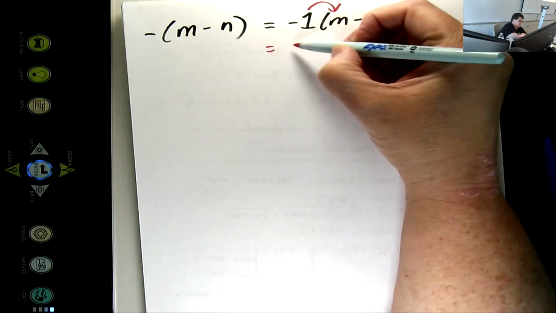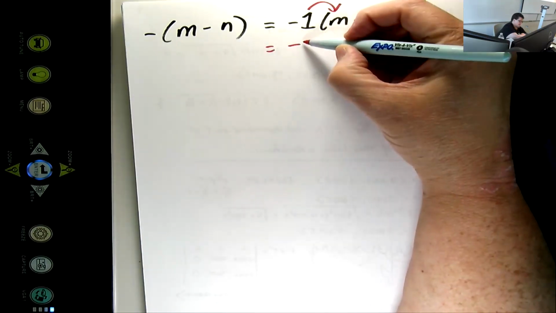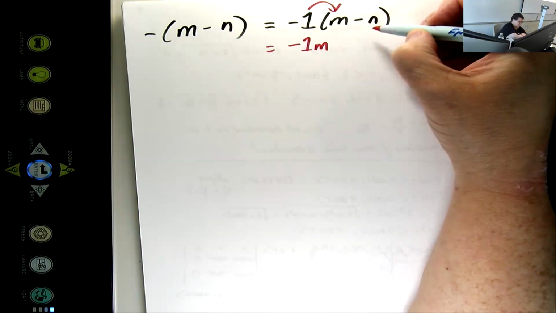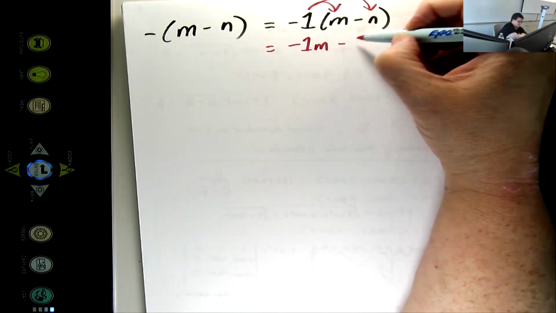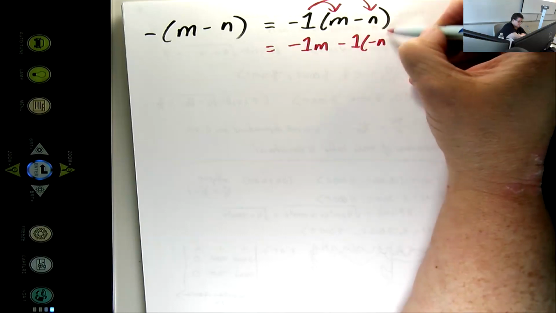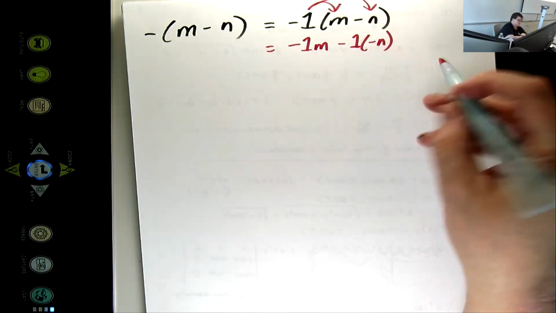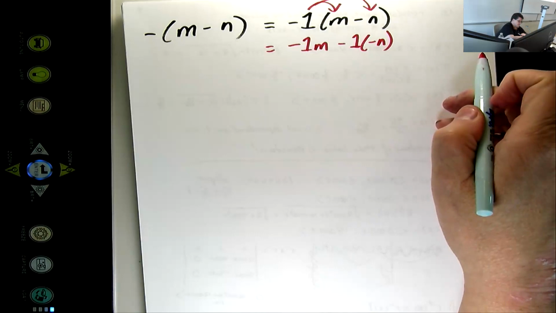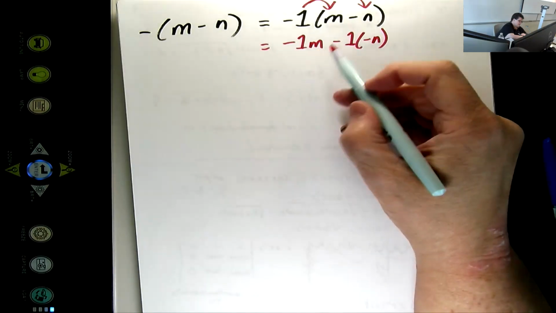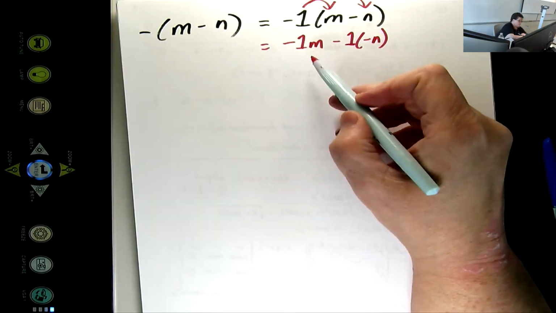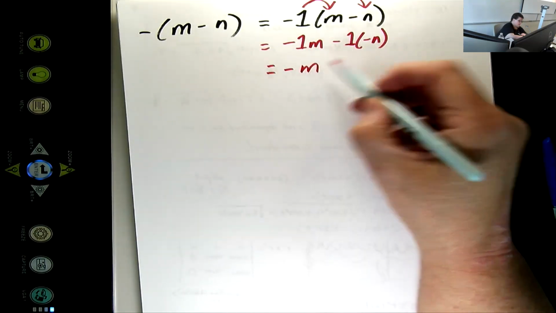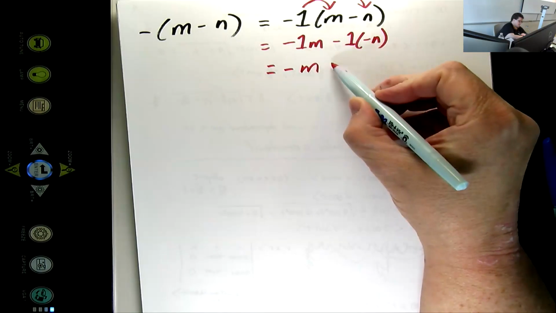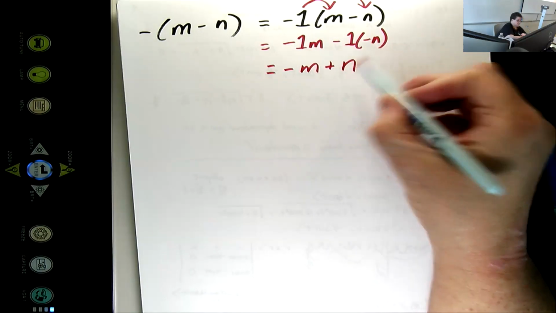I can do -1 times m, which is -1m. And I can do -1 times -n. And when we have a 1 out front, we don't say it. This is just -m. And the two negatives make a positive here, -m plus n.